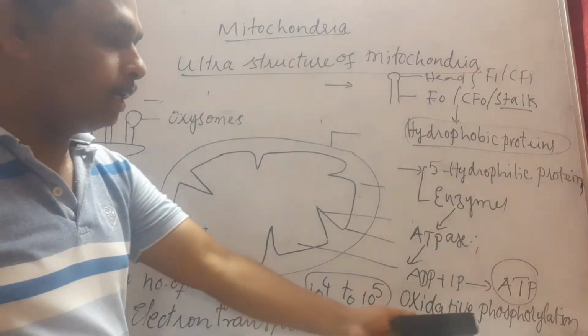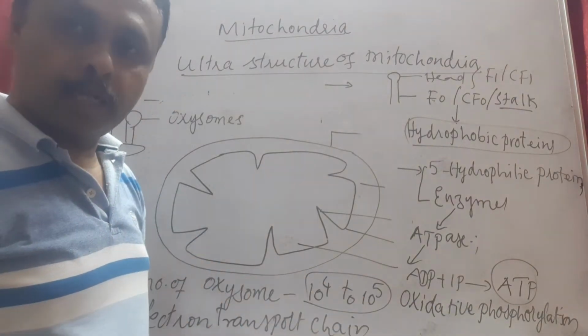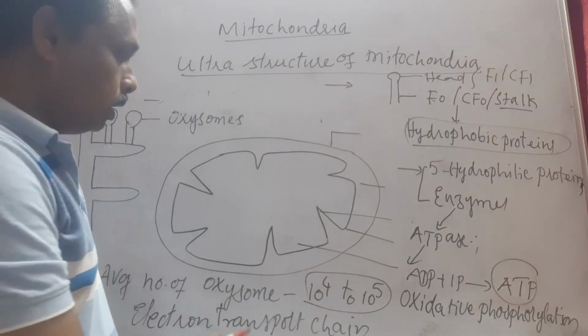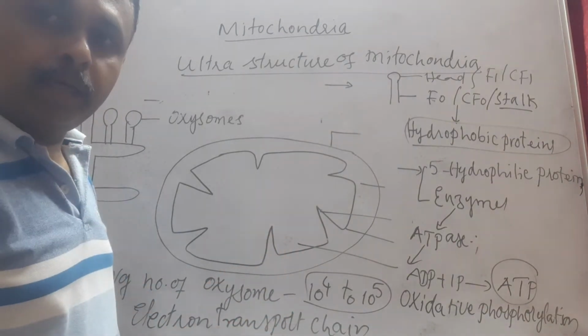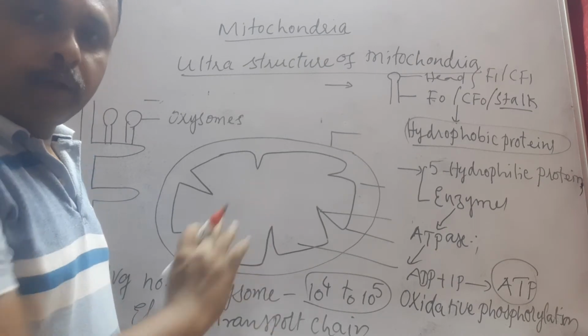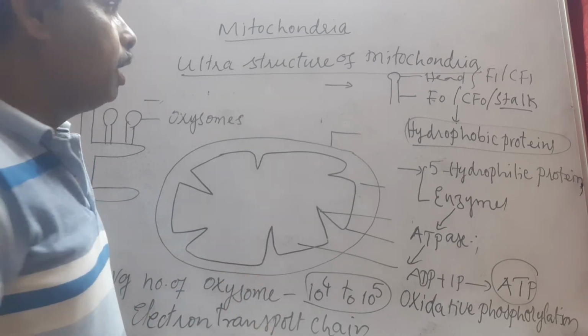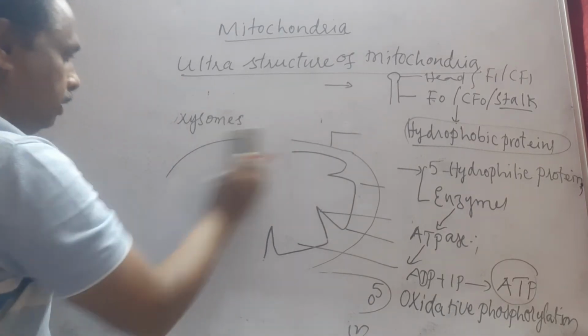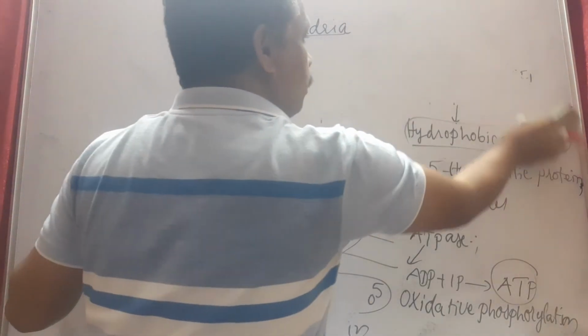Another respiratory reaction also takes place here, that is the electron transport chain reaction, in this inner membrane. So this is about the ultrastructure of mitochondria. Now, finally, we'll discuss the functions of mitochondria.